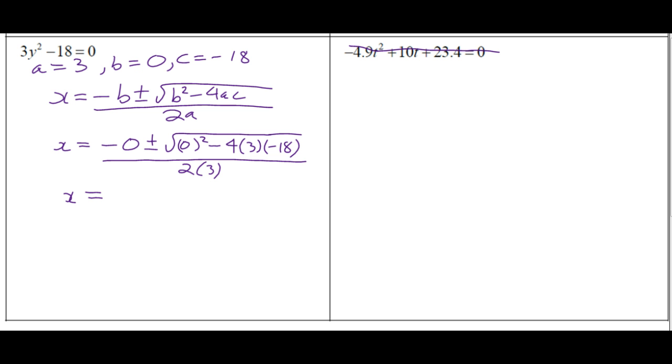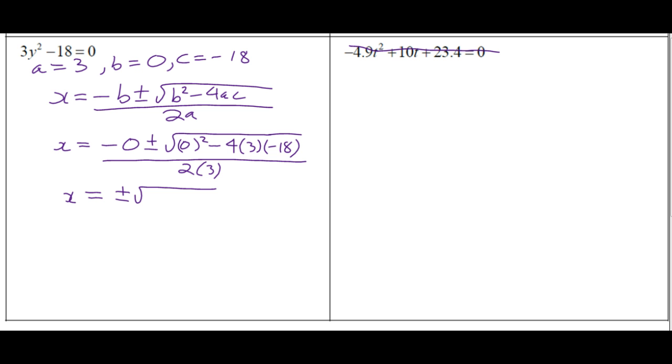So 0 plus or minus just becomes plus or minus. That just means that when I go to do the solutions, I'm going to have a positive radical and a negative of the radical. I don't need to worry about that negative 0, or 0 squared.